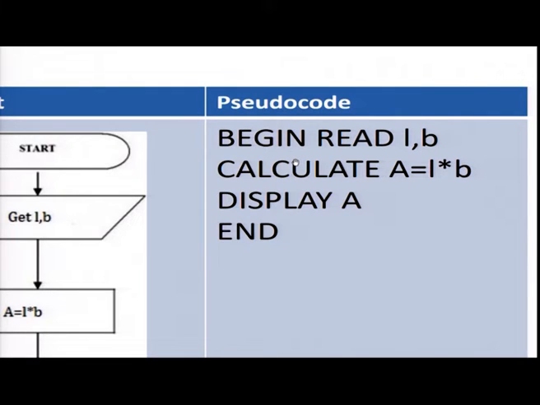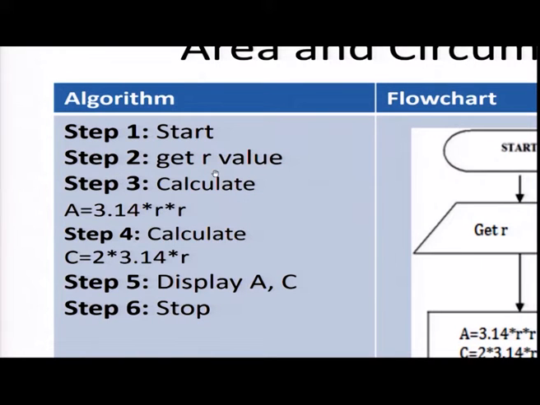So now let us see how to write an algorithm with respect to finding the area and circumference of a circle. Here, step 1 is start, step 2 is get the radius value r. Now to find the area, the formula is pi r square.